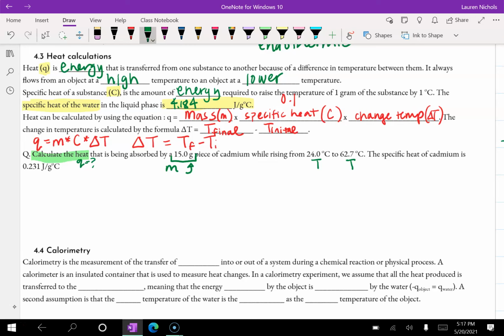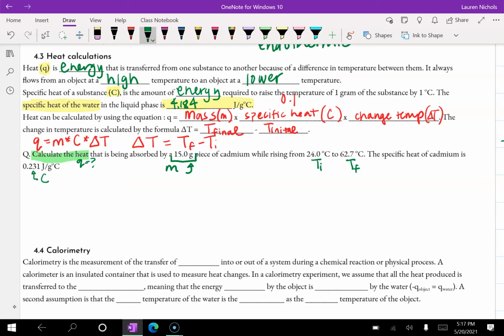And since it's starting at 24 and rising to 62.7, we can say that this is our initial temperature, or the temperature at the beginning, and this is our final temperature. And they tell us that the specific heat of cadmium is 0.231 joules per gram degree Celsius. So this is capital letter C for our formula. Not a degree C, just a capital C.